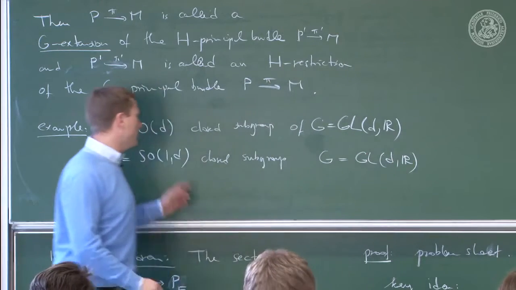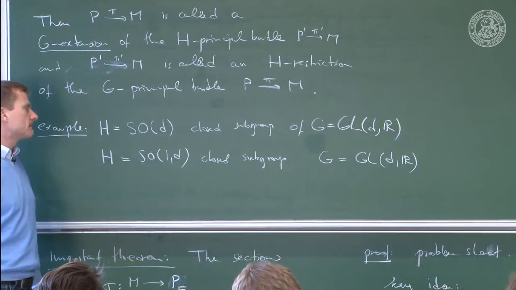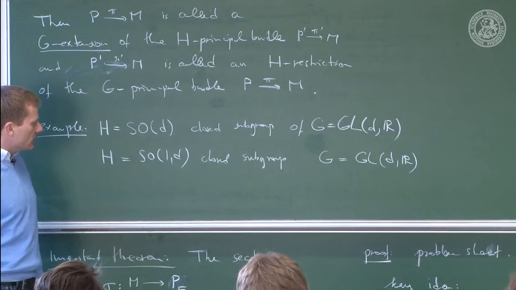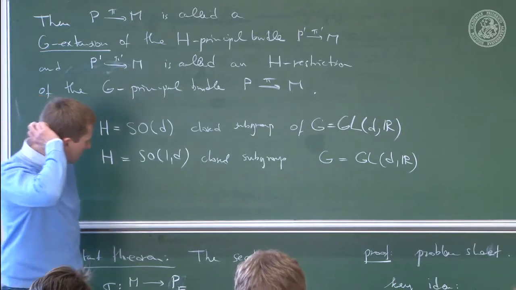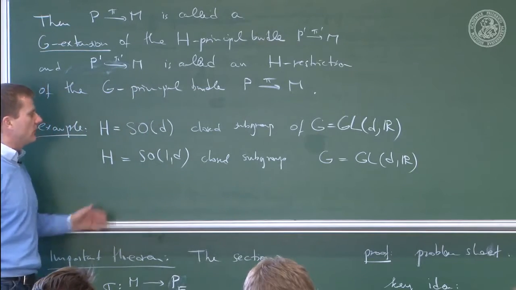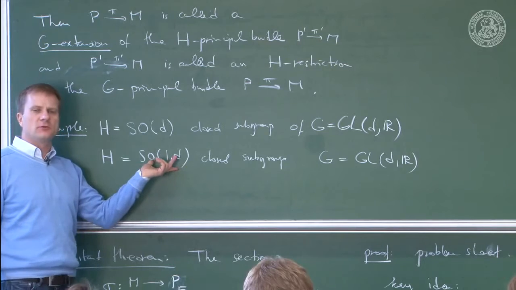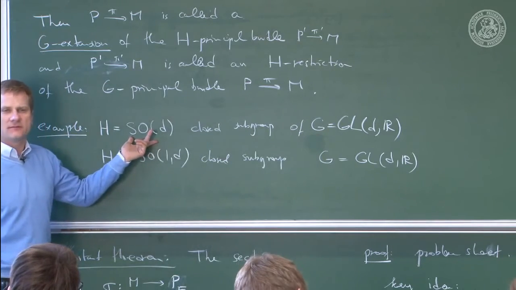So can you restrict to, say, the Lorentz group? And it turns out, no, not always. There are certain obstructions that can appear. So not every smooth manifold can be equipped with a Lorentz metric, but every one can be equipped with a Riemannian metric. Okay, yeah?